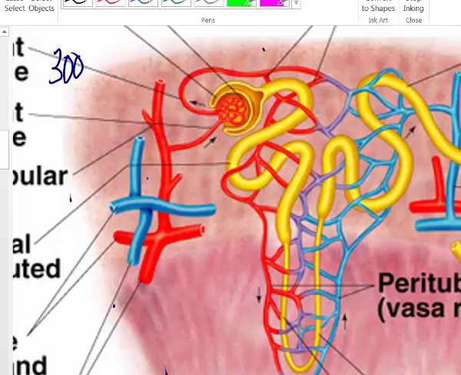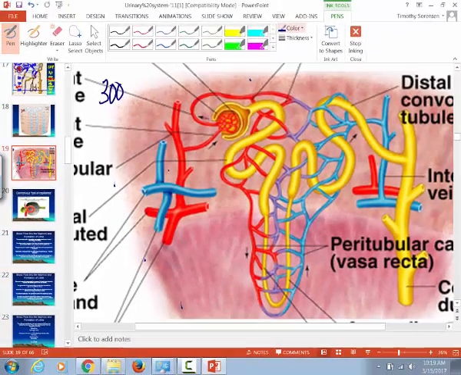So watch. Arterial blood from your body is going to enter the kidneys through the renal arteries. What happens to those renal arteries as they get deeper and deeper into the kidney? They terminate at the artery that begins the nephron.